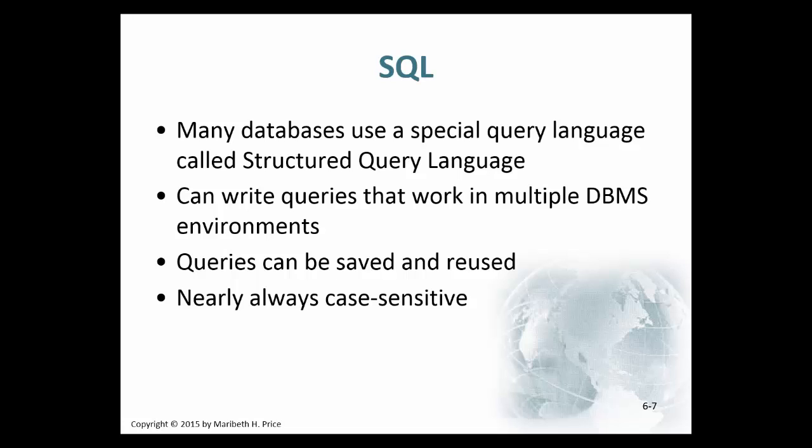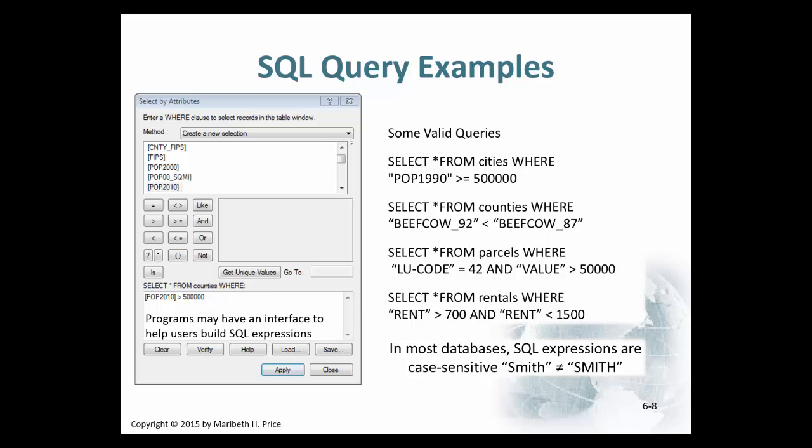Our queries must be structured properly, and we call that structure SQL, Structured Query Language. ArcGIS is packaged with an excellent query dialog box that can develop the SQL for us.